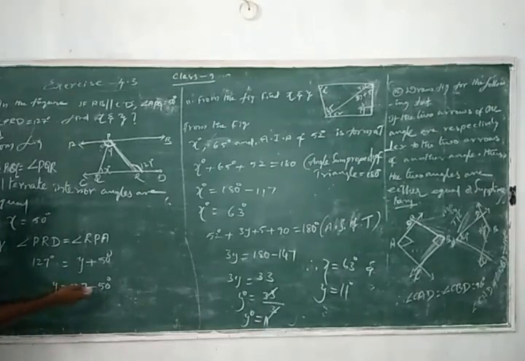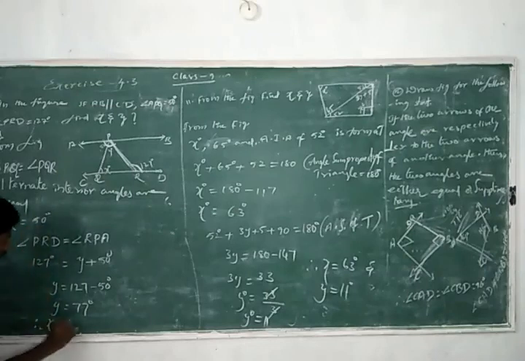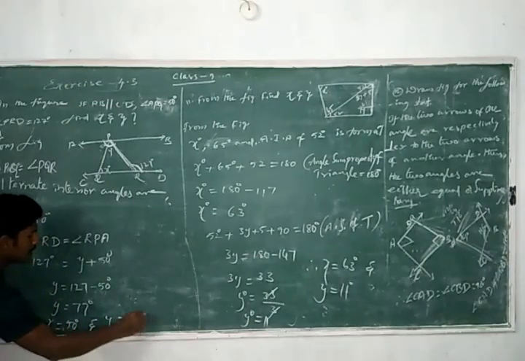Y is equal to 77 degrees. Therefore, the value of x is equal to 50 degrees and y is equal to 77 degrees.